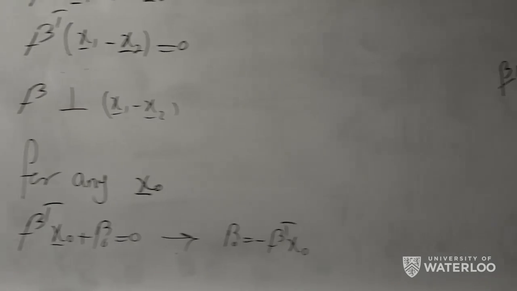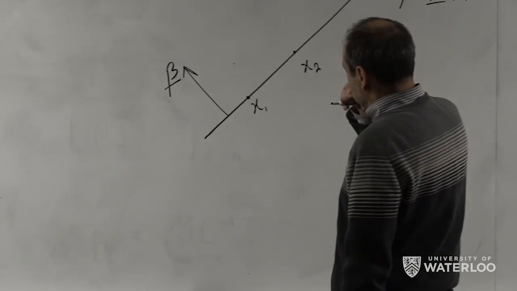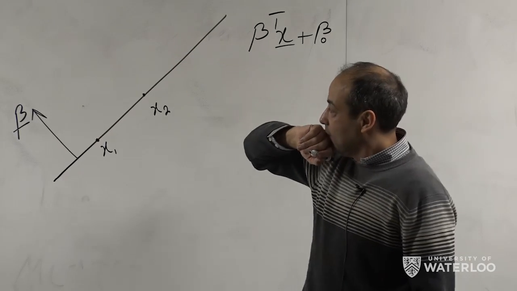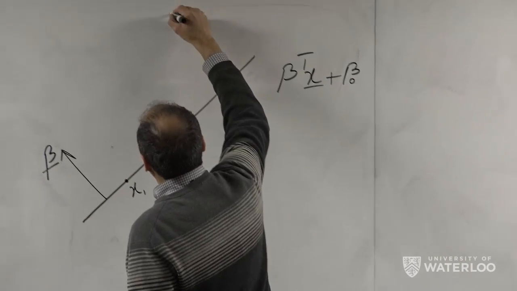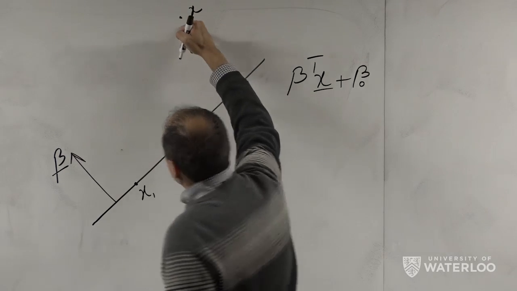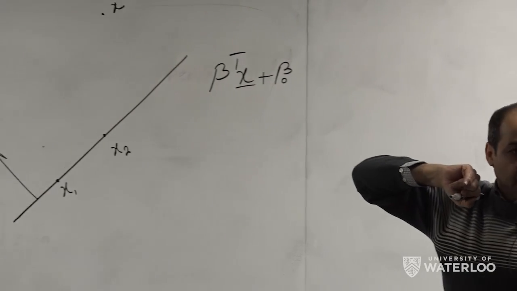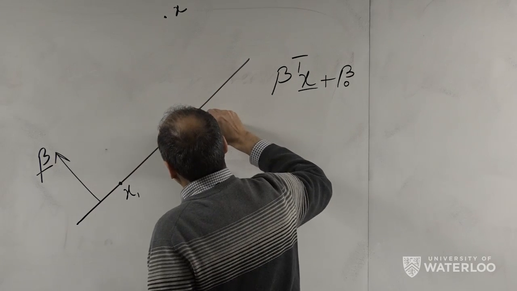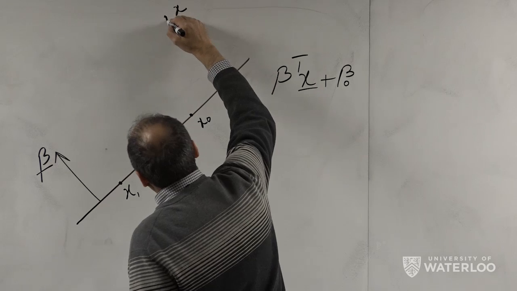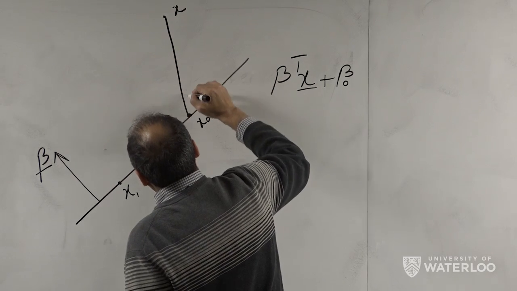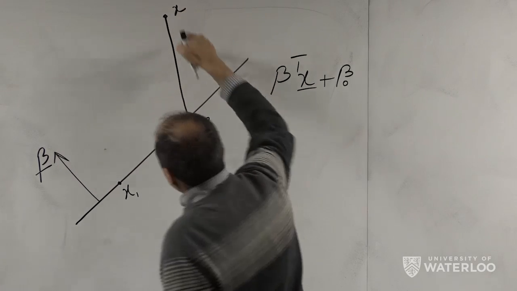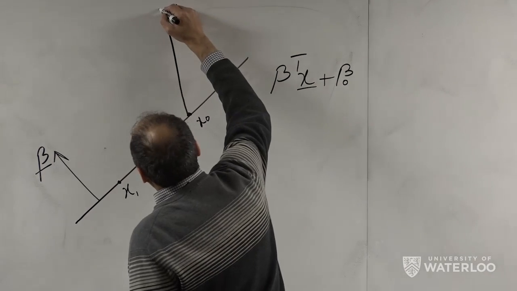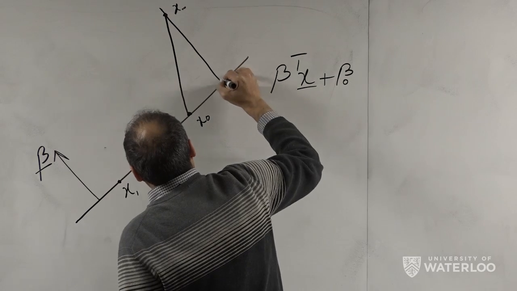We also learned that if I want to find the distance of this point to the hyperplane, I can choose any point x null on the hyperplane and find x minus x null, and then project everything on beta.